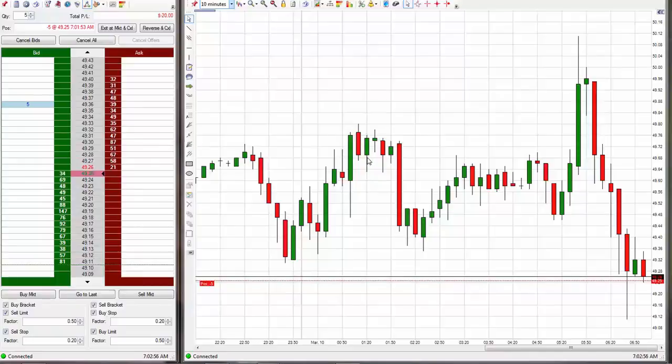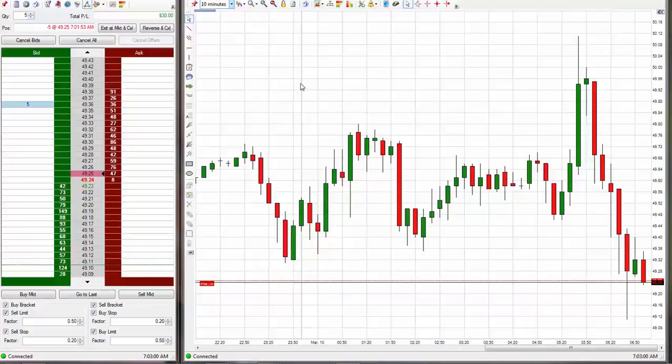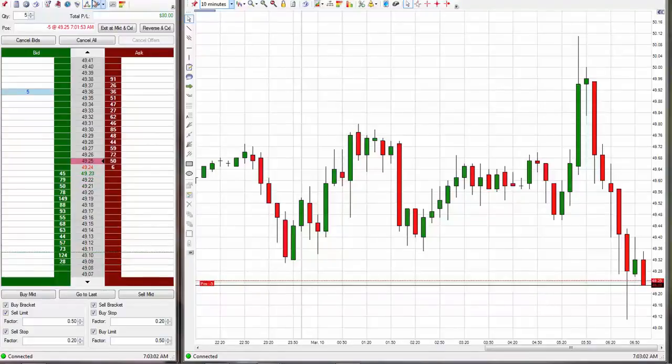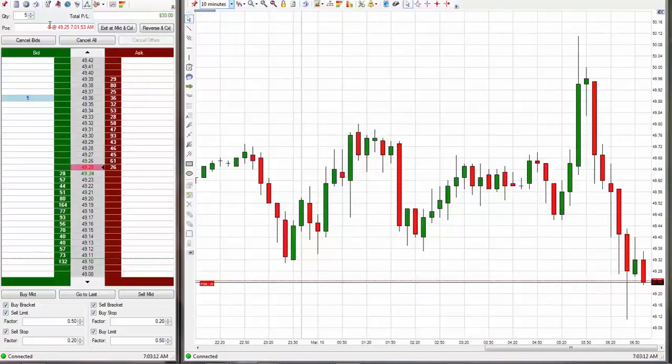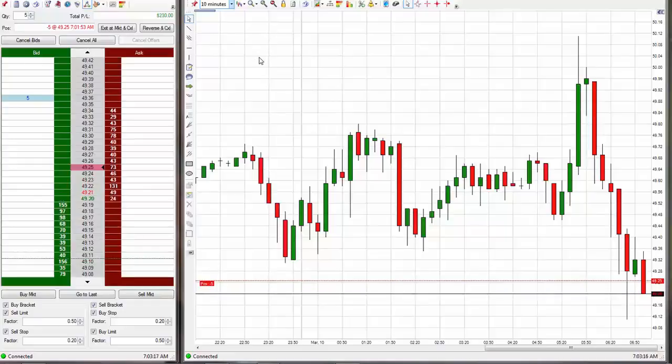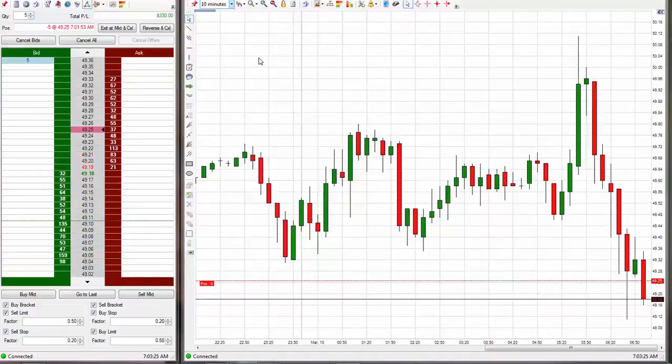Also, just to let all of you know, very soon I am going to show you multiple domes like this one for different instruments. This one's using CL, which is oil. And then I'll trade some other ones like gold or the E-mini or the Euro US dollar, anything.